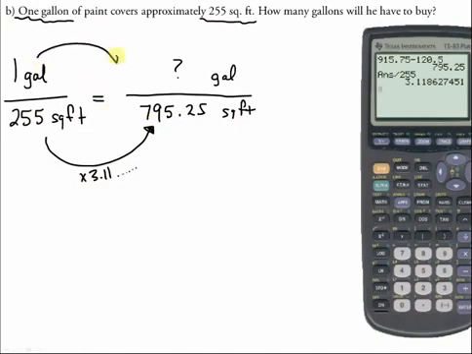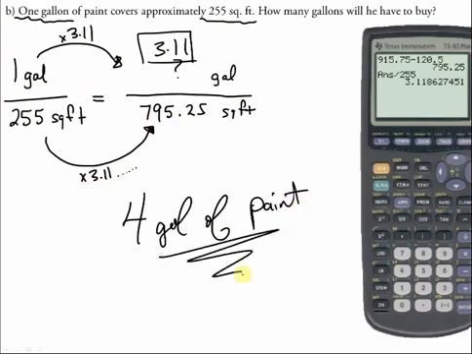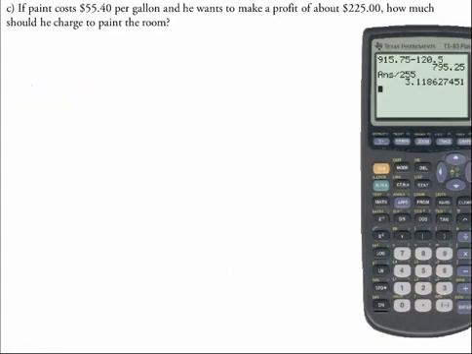So 1 gallon times 3.11. All right. Now here's the deal. You can't get 0.11 of a gallon, so the correct answer is still 3.11 gallons. However, you need more than 3, so you have to say we need 4 gallons of paint. You need to round in practical circumstances. Okay, 4 gallons of paint, which is going to lead us to the next question.